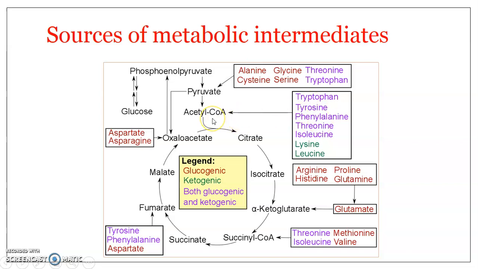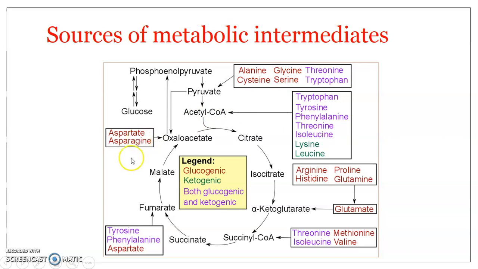Because acetic acid and acetyl coenzyme A can be used for the synthesis of fatty acids. These ketogenic amino acids get converted to acetyl coenzyme A, which can enter the citric acid cycle. So these two groups are the ones which produce acetyl coenzyme A.